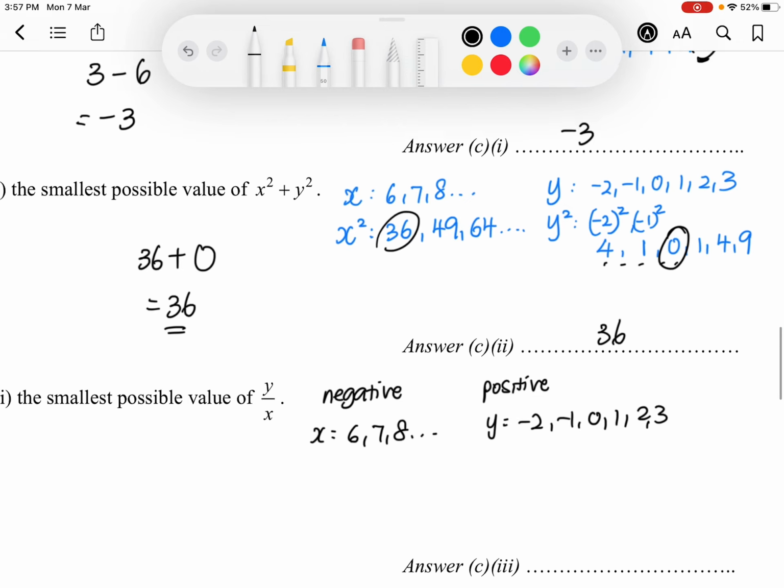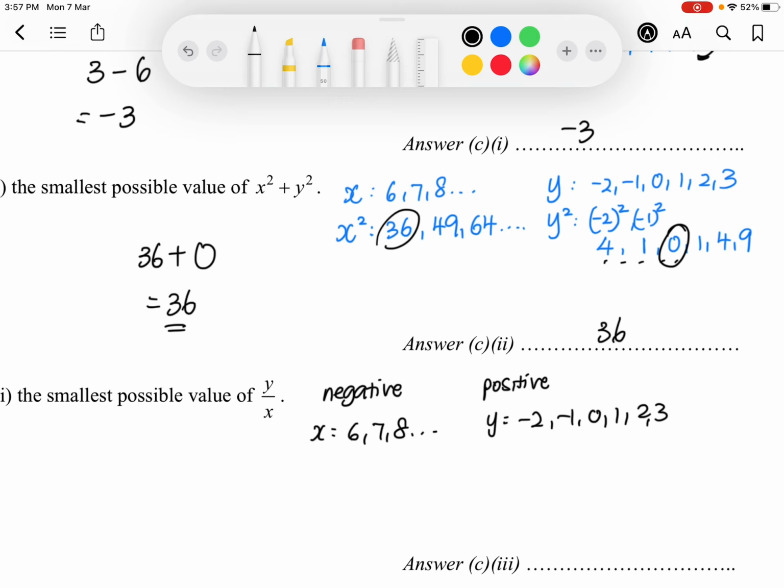So technically speaking, I want y over x. I'll probably choose a negative number. I want it to be as negative as possible. So probably I'll choose negative 2. We have a couple of options. Negative 2, then what am I going to divide with? I want it to be as negative as possible. So probably I'll take negative 2 divided by 6.